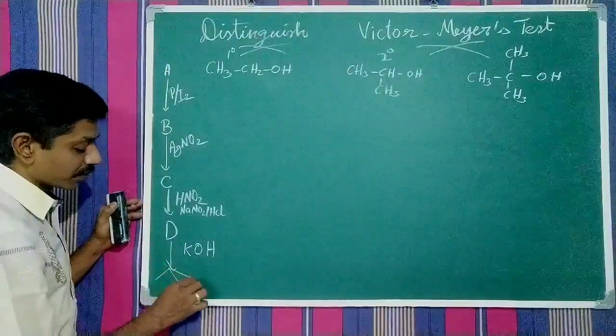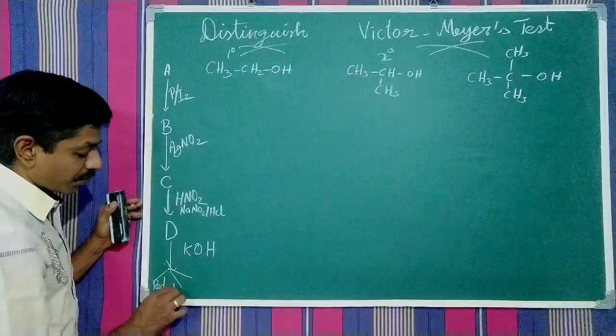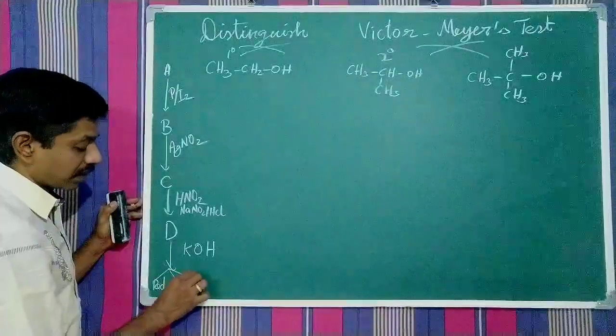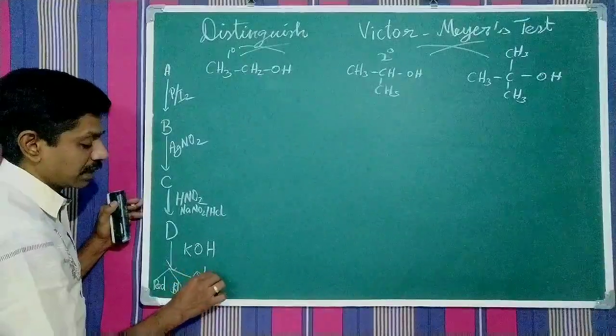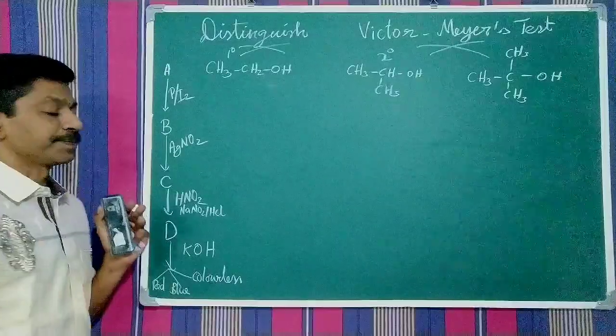Maybe one compound may give a red color, one compound may give a blue color, and the other compound may remain colorless. This is how they frame a problem.